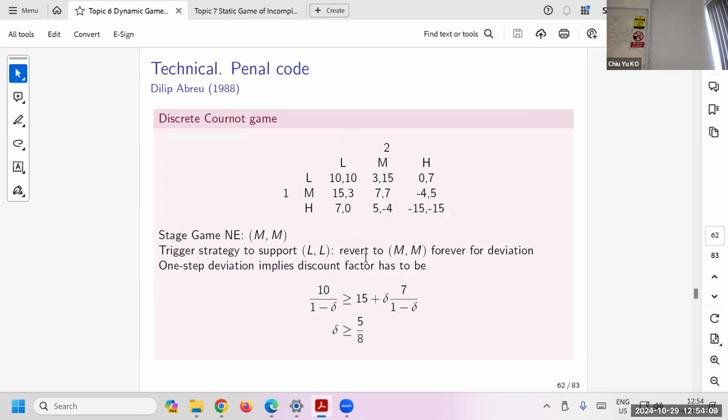He gets bad, he gets 3 and 7, right? So actually it's not so good for player 2, right? And also player 1, no matter what they do, also gets the same, right? So that's the idea here.